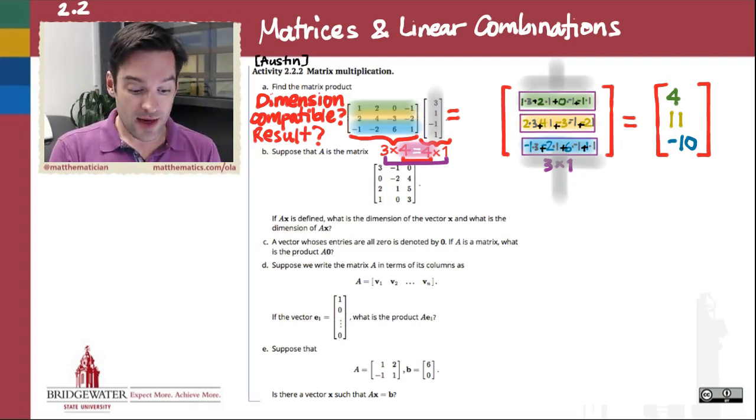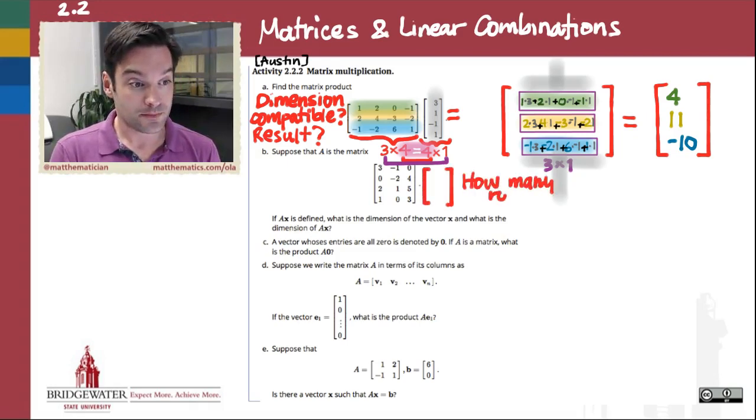Suppose now that A is this matrix shown right here. If X is a vector such that A times X is defined, in other words, if it makes sense at all for me to form that product, then what does that tell me about the dimension of the vector X, and what does that tell me about the dimension of the product A times X?